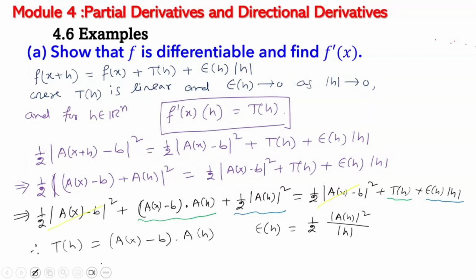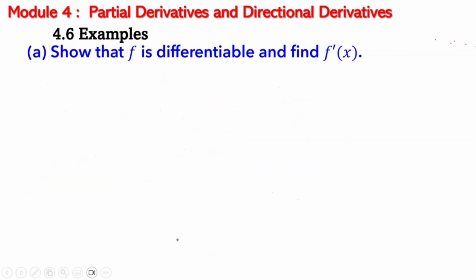This is linear, and this tends to 0 as h tends to 0. This was already shown in a previous lecture, so I'm not going to prove it. We take that with this, it will be the derivative. Therefore f dash x h is equal to Ax minus b dot Ah.